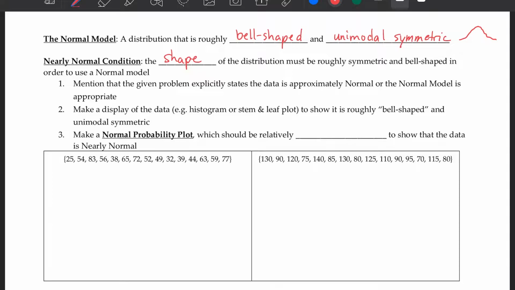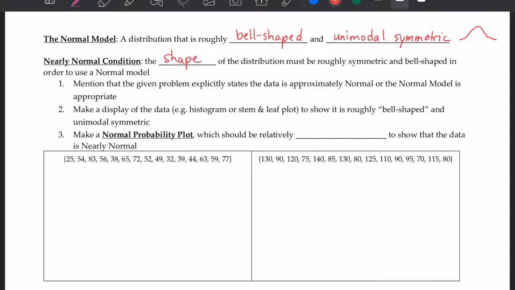The first one is you can make a display of the data, so a histogram or a stem and leaf plot. Histogram, obviously, you can do with your calculator. Stem and leaf plot, you'd have to do by hand. You're looking to make sure that it is roughly bell-shaped and unimodal. That's my preferred way, but there is another way that your calculator can do for you, and maybe you prefer this: you can make a normal probability plot.